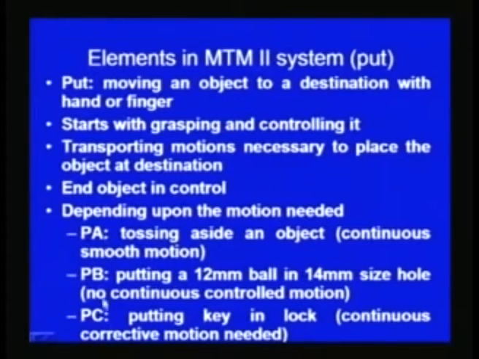These are in order of increasing difficulty. PA is for those cases where continuous smooth motion is possible, like tossing aside an object, and PB is for those where no continuous control is required, like putting a 12 mm ball in a 14 mm size hole. So, there is somewhat more difficulty in getting things as per needs, and PC is putting a key in a lock, where continuous correcting motion is required to do the job.